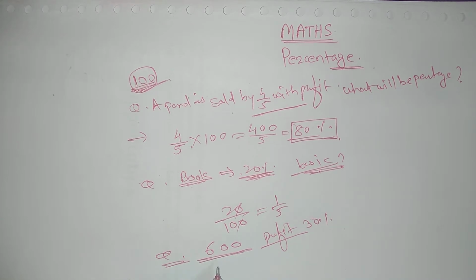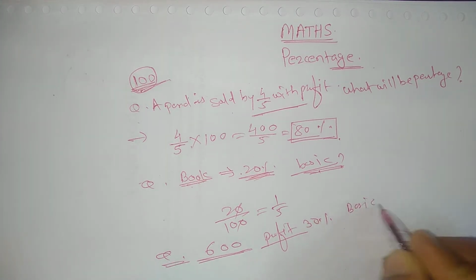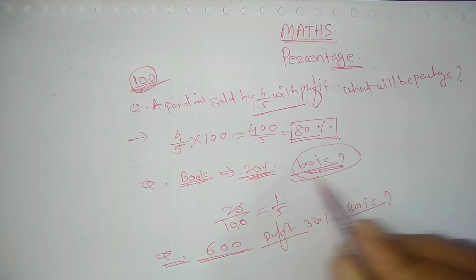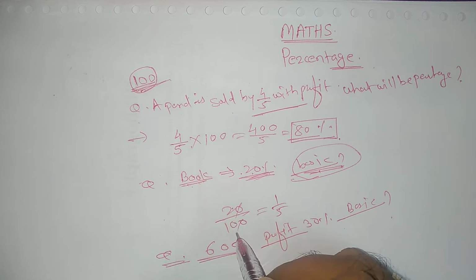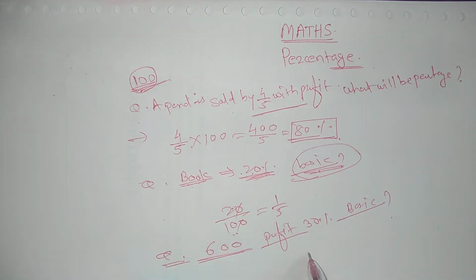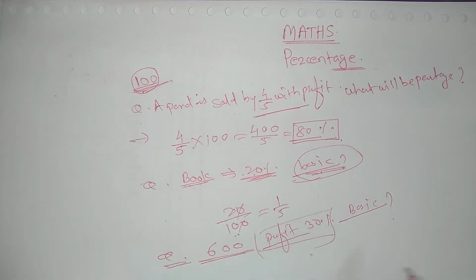If the price is 600 and the profit is 30%, that means it has increased, and then we have to find out the basic price. Here I have to find out the basic price. Earlier it was 20%, we wrote 20/100, and then we calculated.